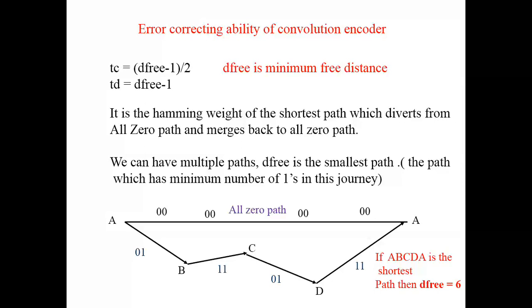If you have a small state diagram or a small convolutional encoder, not very complicated, then looking at the state diagram, how do I decide D free, right? So what is D free? D free is the minimum Hamming weight of the path, right? It is the shortest path which will move away from the all zero path and come back to the all zero path, and you calculate the number of ones. That total number of ones becomes your D free.